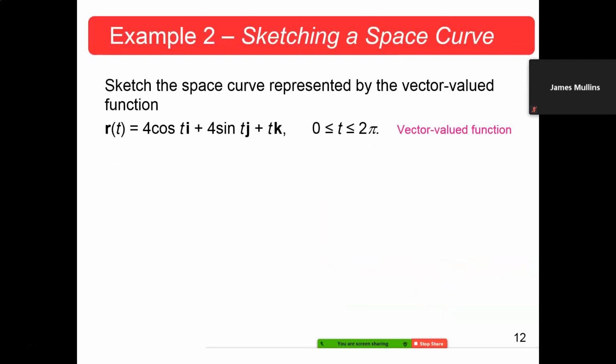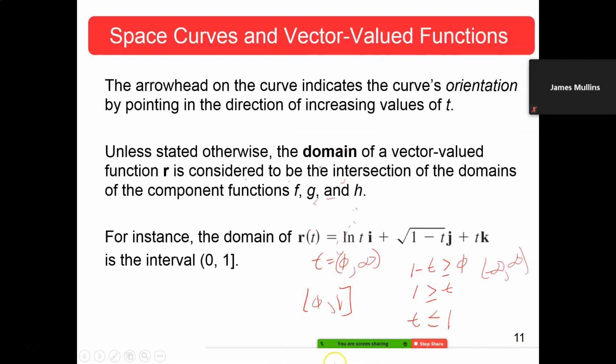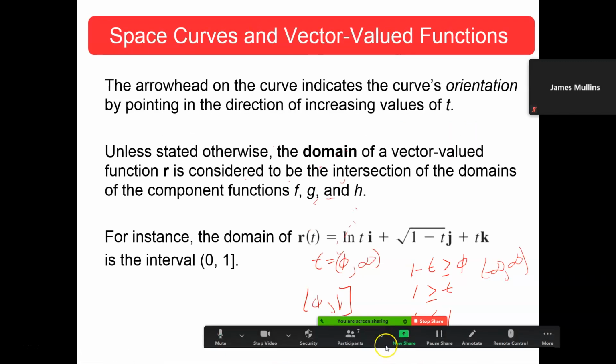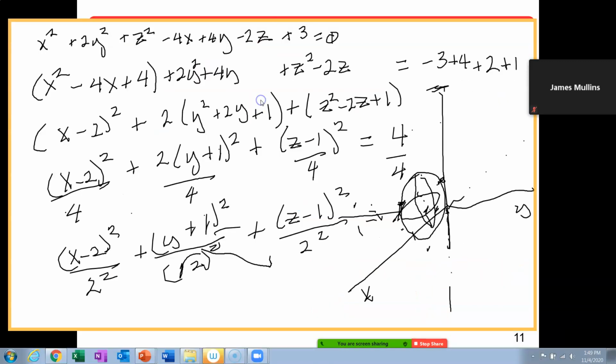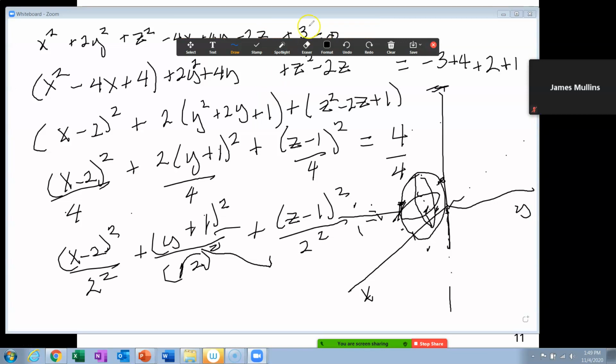Now they skipped example 1 unless I missed it somewhere there. So let's go back and do example 1. Let me back off 1 here and go to the whiteboard. Now, and clear off this.